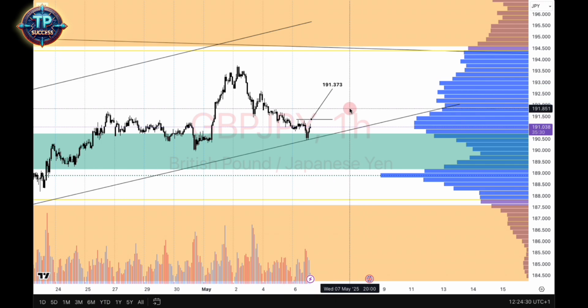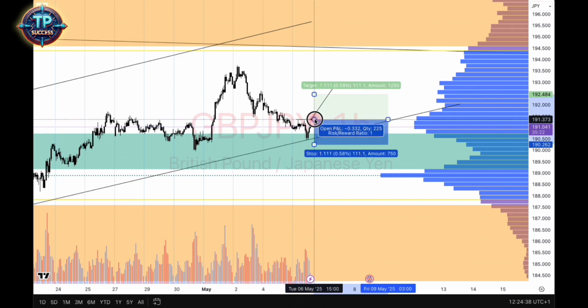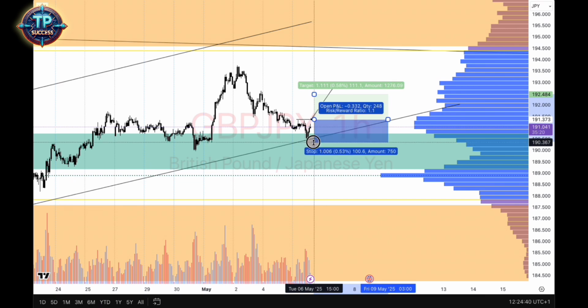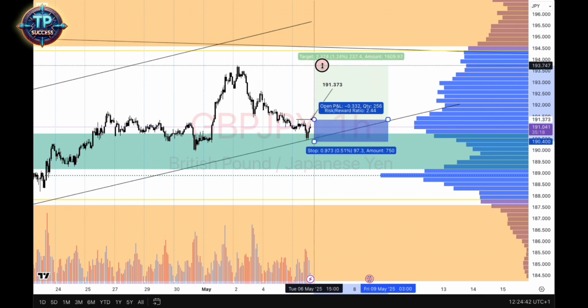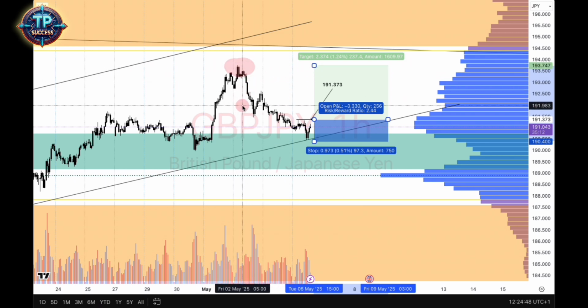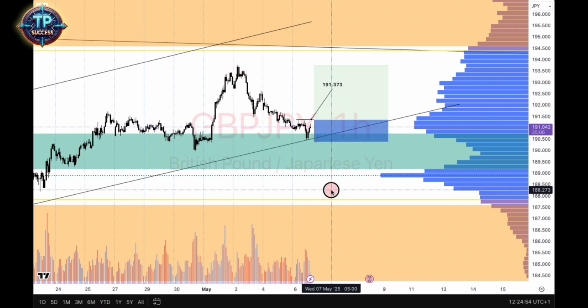I will be considering taking buys, and I will take the buy with my position up here and my stop down here, and I will just keep it nice and respectable, and I'll target this high point over here in regards to this overall channel, or this overall movement that we have.